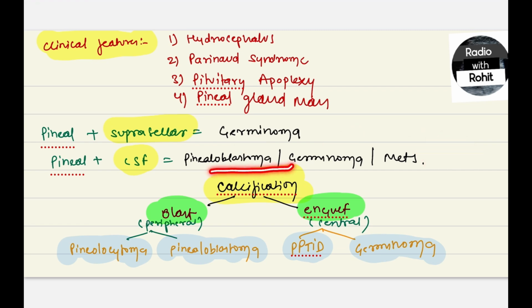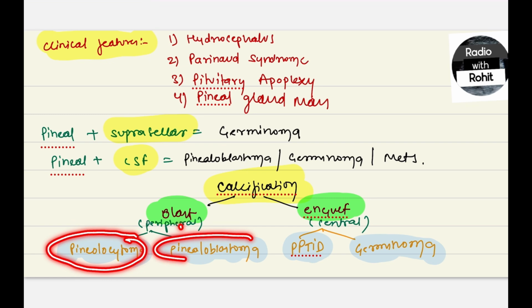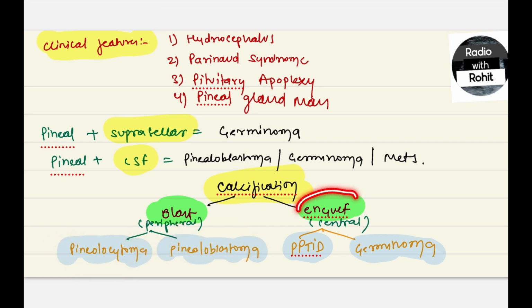First of all, we will see the type of calcification. There could be two types of calcification. First is the blastic or peripheral, and second is engulfed or central calcification. If peripheral calcification is there, it could be pineocytoma or pineoblastoma. If engulfed type of calcification is there, it could be PPTID or germinoma.